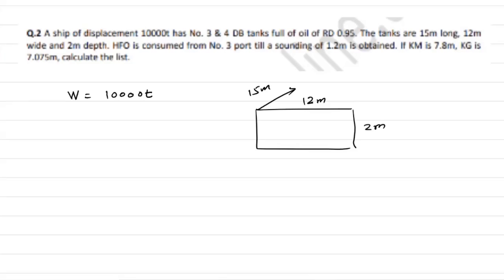Be very careful, this is the transverse direction. Maybe this is number 3, and there was a number 4 tank. HFO is consumed from number 3 port tank till a sounding of 1.2 meter is obtained.